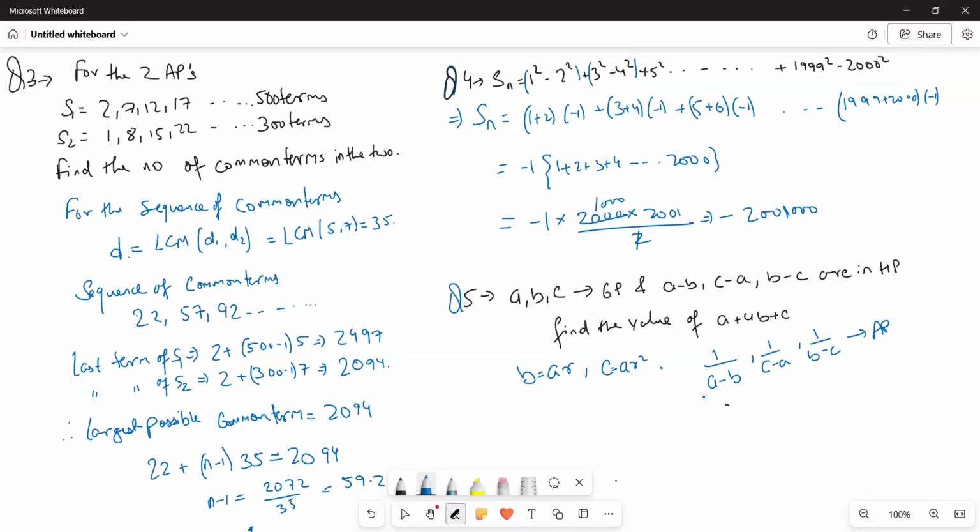But if they are in AP, what is the condition for three numbers to be in AP? 2 by C minus A must be equal to 1 by A minus B plus 1 by B minus C.